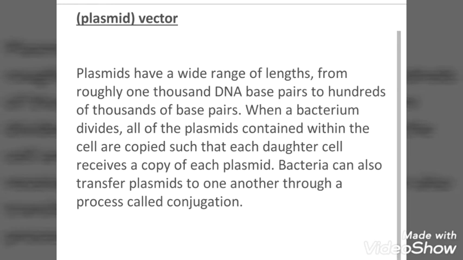When a bacterium divides, all of the plasmids contained within the cell are copied, such that each daughter cell receives a copy of each plasmid. Bacteria can also transfer plasmids to one another through a process called conjugation. This means a plasmid is transferred from one bacterium to another.